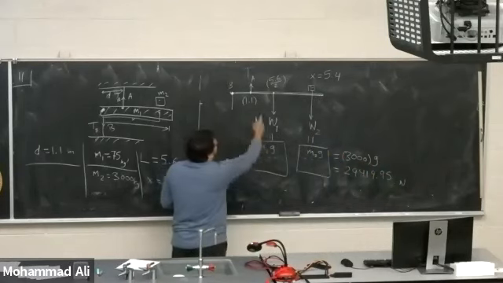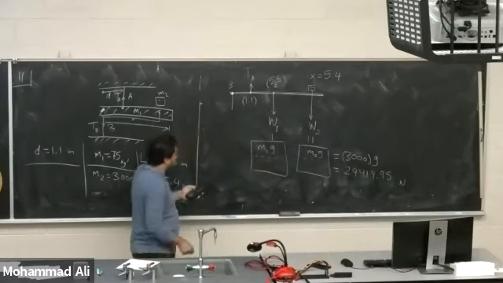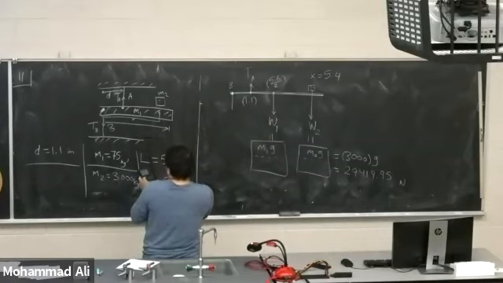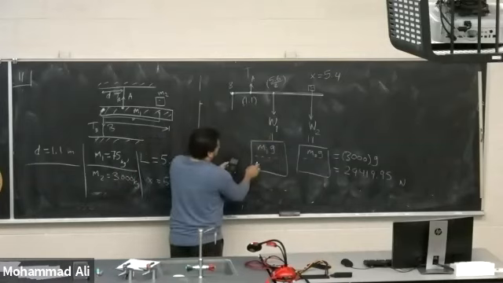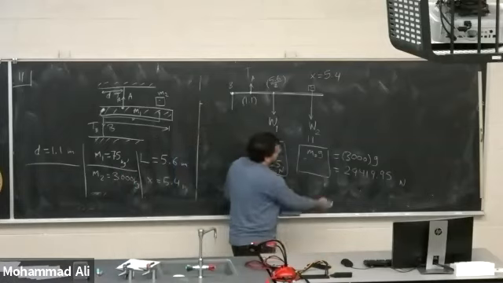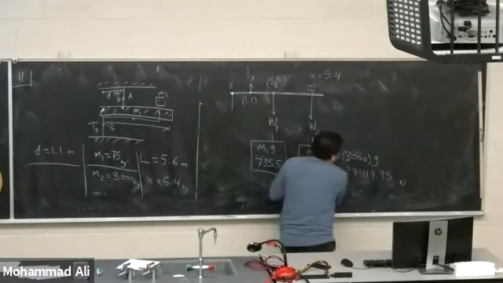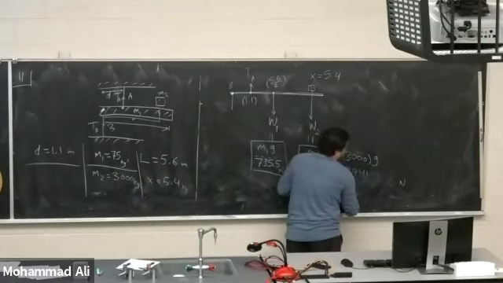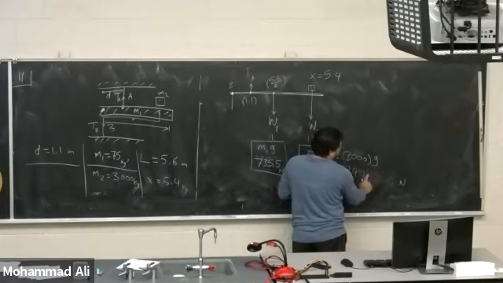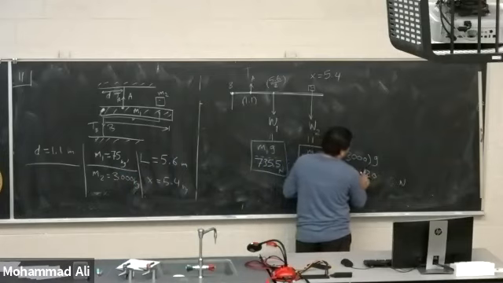What about this one? It is 75, which is M1, multiplied by G. This will be equal to 735.5 newtons. I approximate it. I will approximate this also to 20.